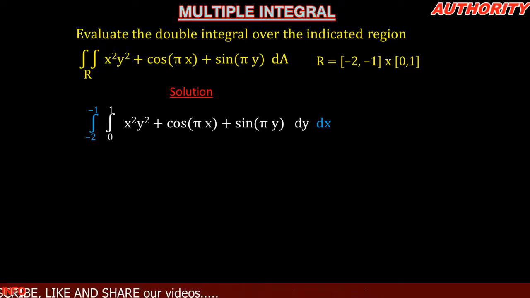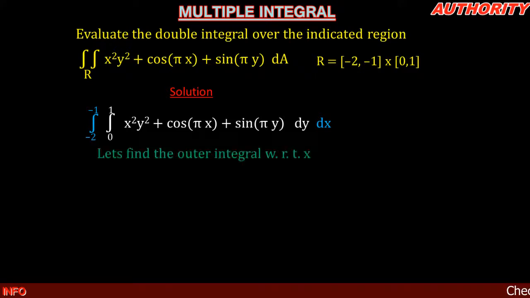You can take the inner part first and then proceed to the outer part, or you can choose to evaluate the outer part before evaluating the inner part. Both of them will give you the same result inasmuch as you follow the rules. In this case I want us to take the outer part first. That is, we integrate with respect to x first before we integrate with respect to y.